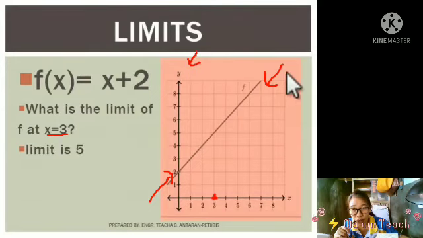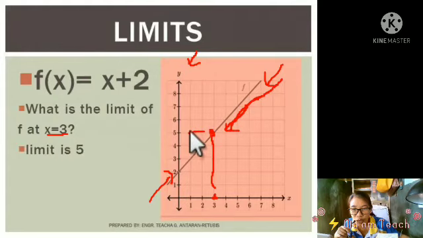What is the value of y if you are approaching 3? As we trace the graph, let's approach 3. This is 3, the point where your x equals 3. So as you approach 3 here, what is the value of your y?